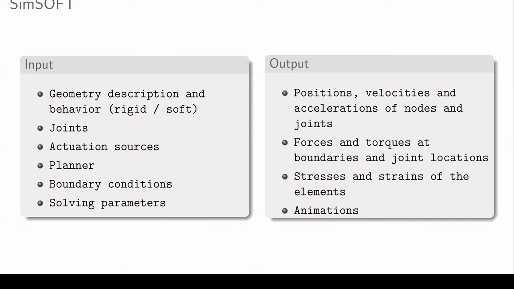As output, we have classical kinematic outputs, positions, velocities, and accelerations of nodes and joints, forces and torques at boundaries and at joint locations, and stresses and strains within the elements.